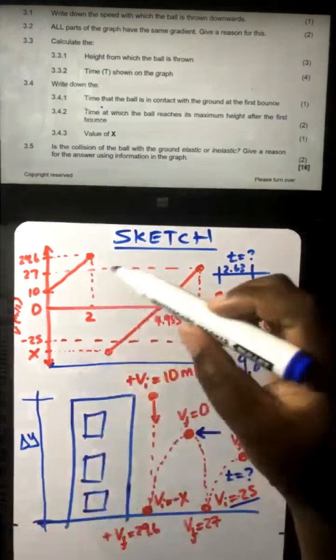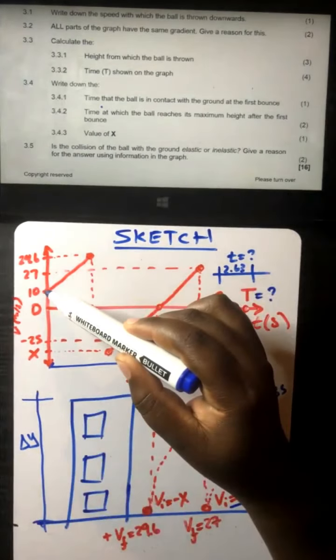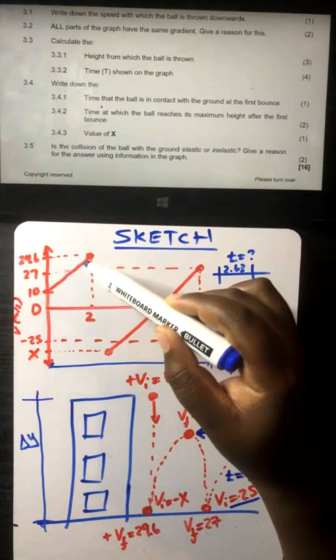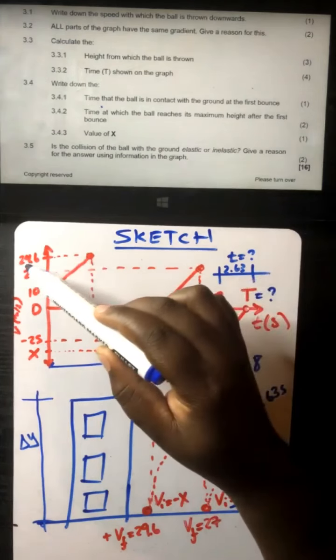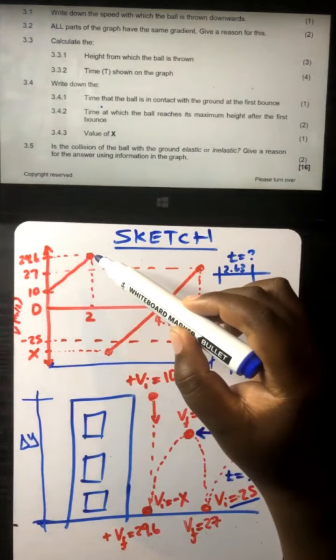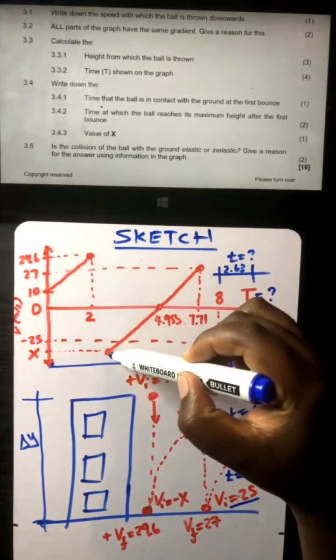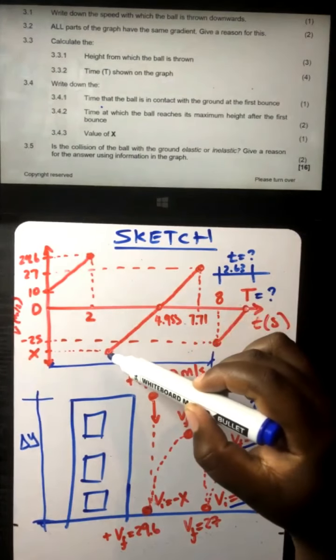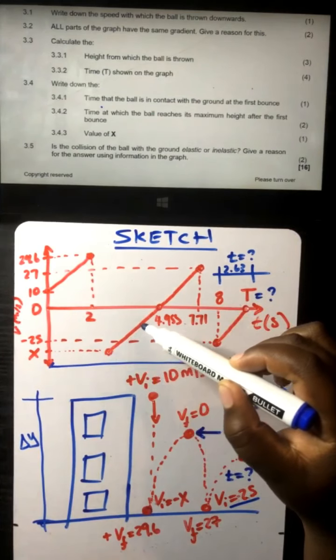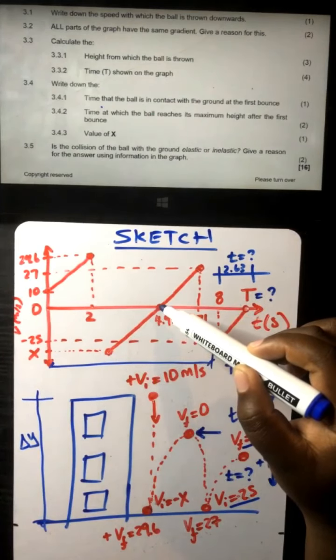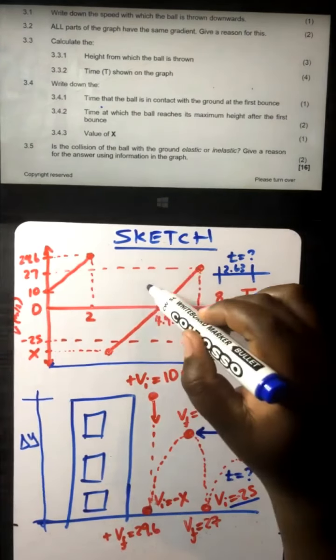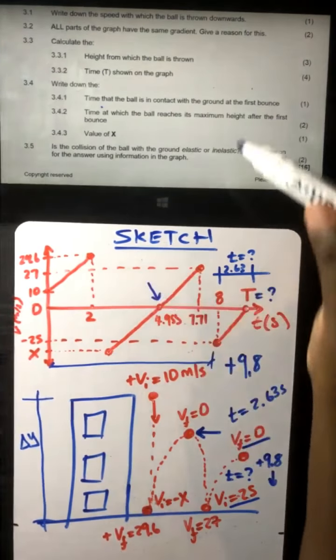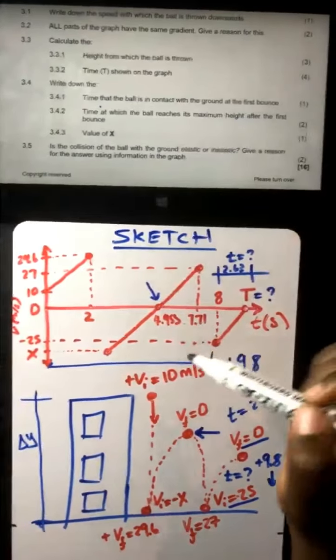So on the graph, remember guys, it is thrown at 10 meters per second. Its velocity increases. It strikes the ground at 29.6 meters per second. Then it changes direction as it bounces off the ground, in that direction where it reaches its maximum height.